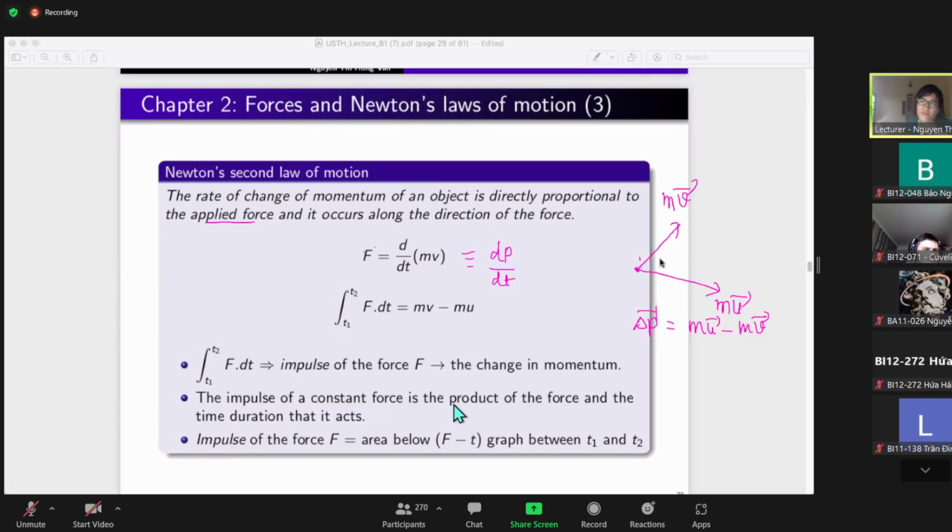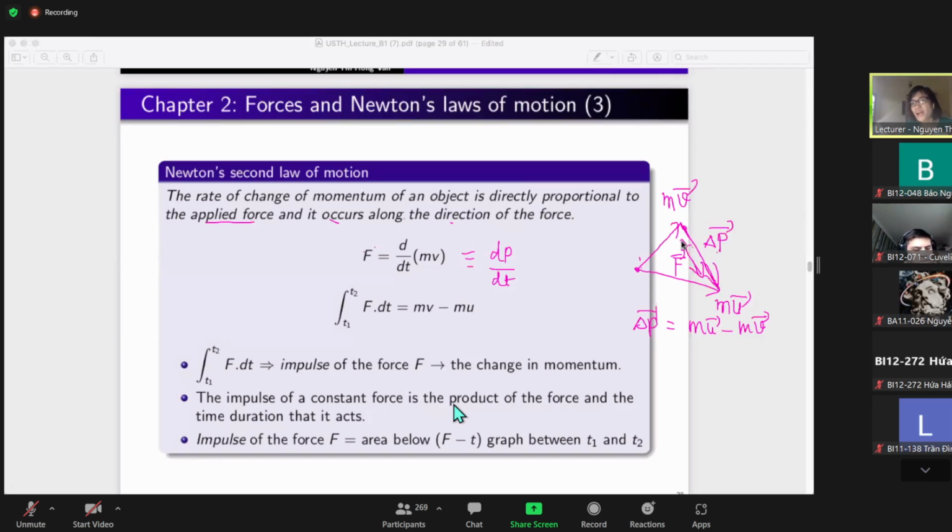So we have this one, and then you have this one. This direction is delta p. And delta p has the same direction as the force. So the force also points along this direction. So the change of the momentum occurs along the direction of the force.